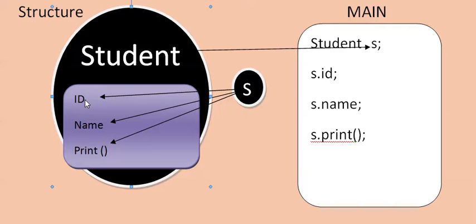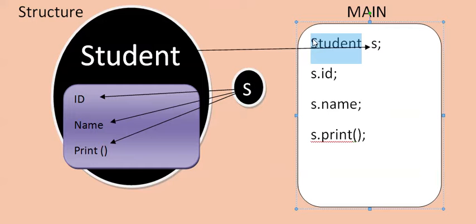I have the properties id, which can be declared as an integer, name, which is a string, and a print function. If you watch over here in the main, it works like this. You write student just like a data type, and then your choice as the name.